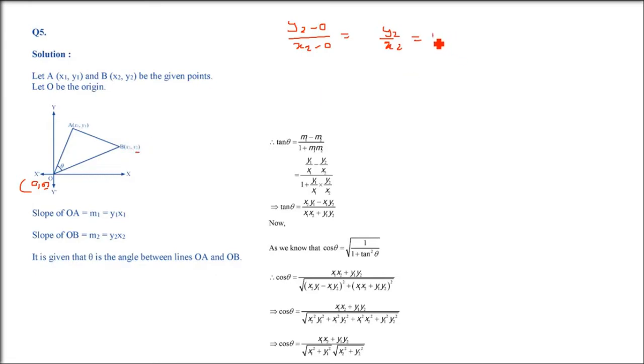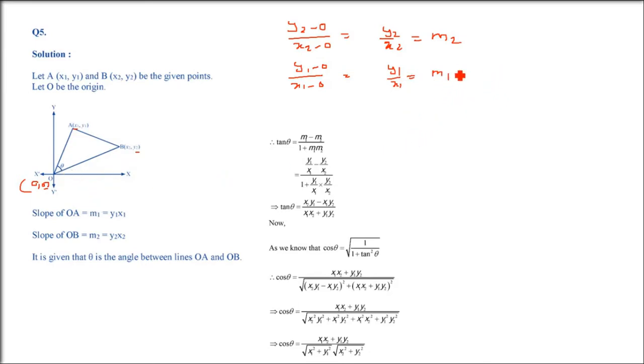Let us say it is m2. Similarly OA: y1 minus 0 by x1 minus 0. So the slope is y1 by x1. This is m1.